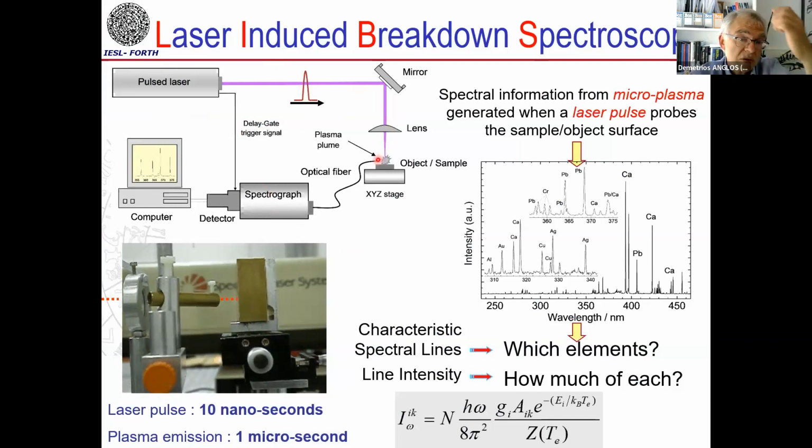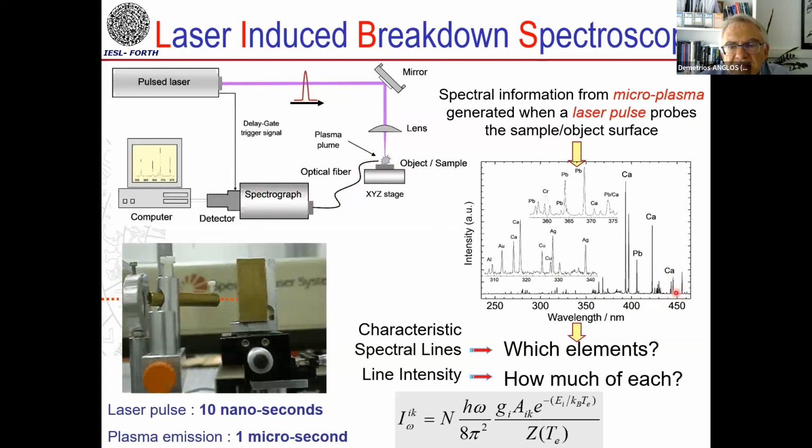We focus it on the object, the sample, the target, in this case could be the insulator we mentioned. Plasma is formed on the surface. We collect the emission from the plasma into a spectrograph and a detector, and eventually we get a spectrum, an emission spectrum, which is an atomic emission spectrum.